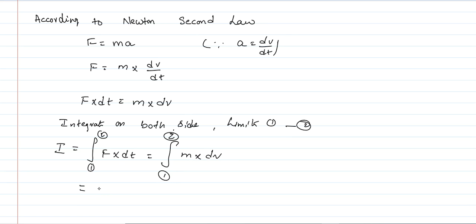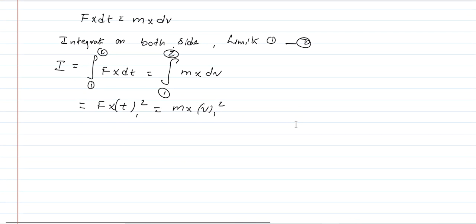Integrating with respect to time, that is equal to F into t under the limits 1 to 2. For m dv, integrating with respect to velocity, the integral of dv is v under the limits 1 to 2. Finally, I is equal to F into (t2 minus t1) is equal to m into (v2 minus v1).